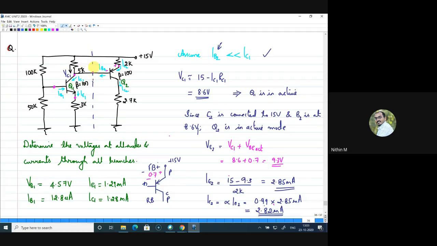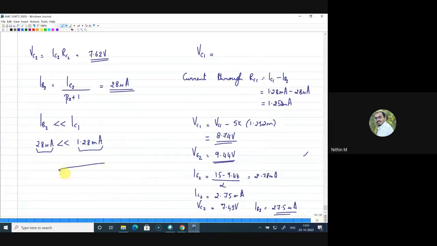Even if you stop here, that should be perfectly fine, because you are not seeing a significant change in the things, right? As Kirtana is asking, you can have iterations of one or two, but even if you are not doing the second round of iteration, it is fine in this case, because the assumption of IB2 much smaller than IC will be valid.